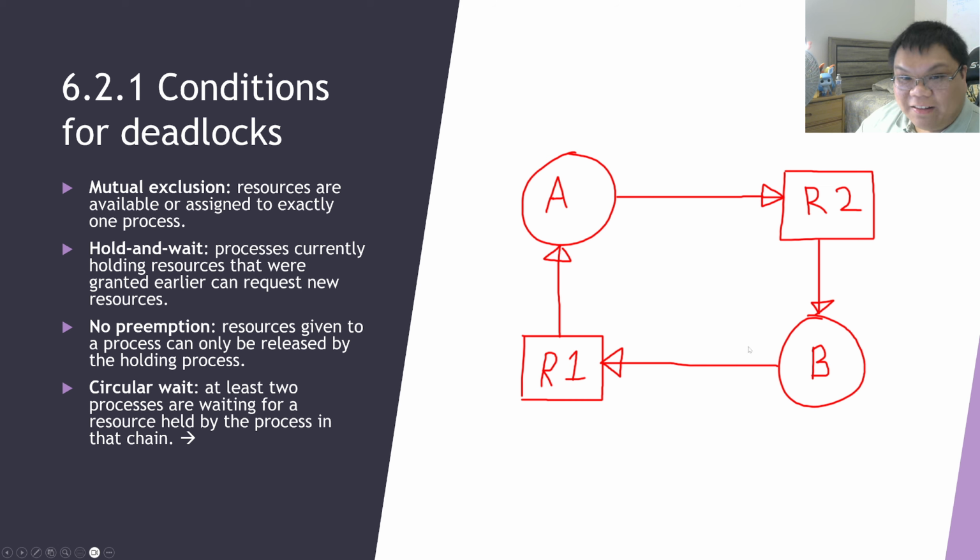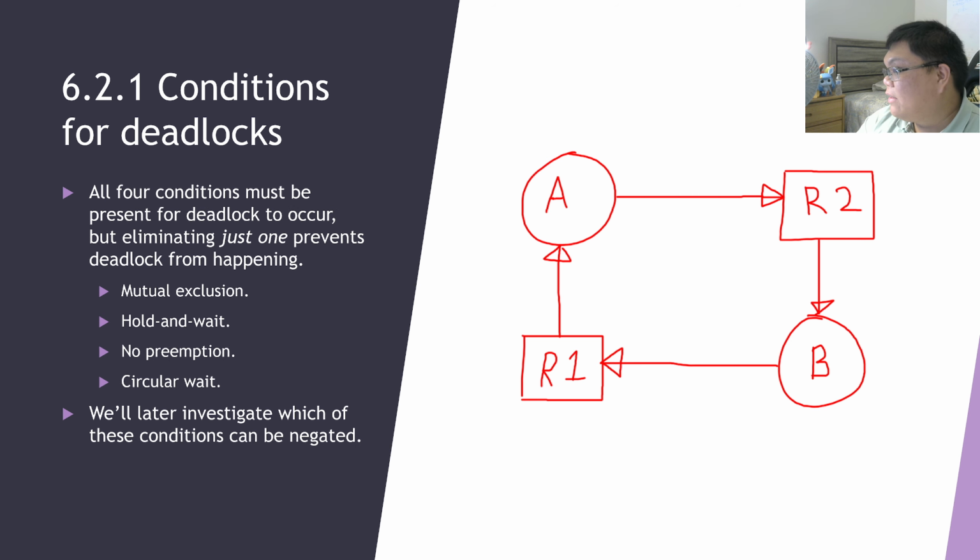I need this. No, give me this resource first. No, you first. No, you first. That's the kind of circular loop that allows for deadlock to happen. Again, there are 4 conditions: mutual exclusion, hold and wait, no preemption, circular wait. Those are the 4 conditions for deadlock.